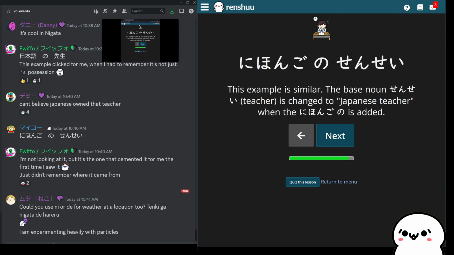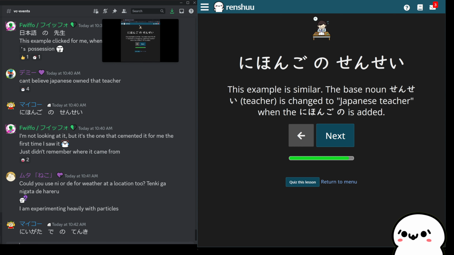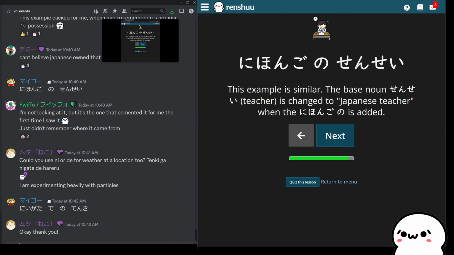Technically, I feel like maybe this would work in a technical aspect, but no one would ever say this: Niigata de no tenki, the tenki that exists in Niigata. But even that you wouldn't say because it's unnecessary.